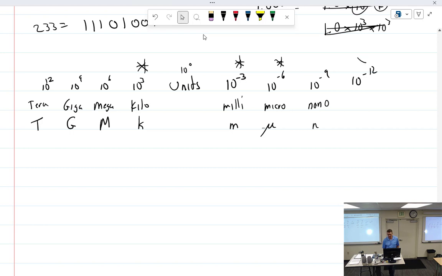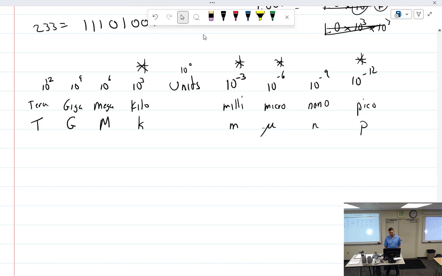But I will use this one, pico. Like pico de gallo, it's small de gallo. That's what that means. Picoseconds, which is little letter p.